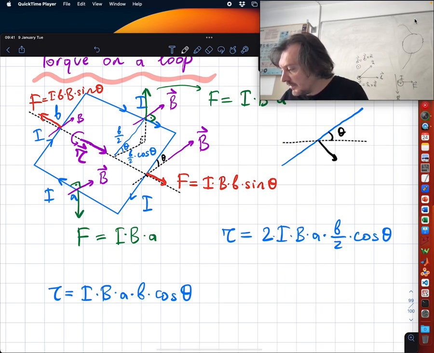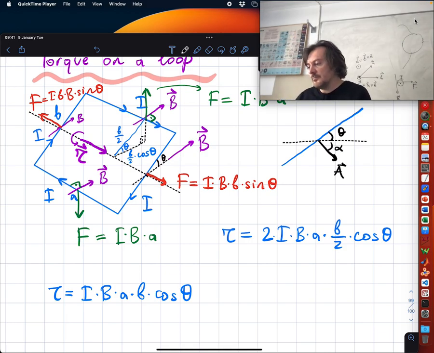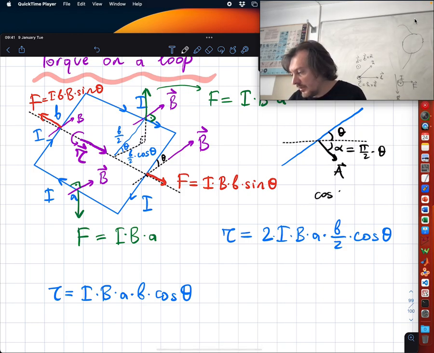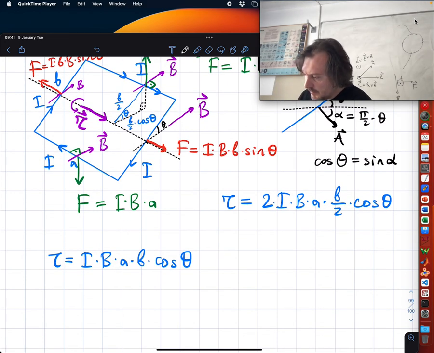So the area vector is pointing down, and this is alpha. Alpha is pi over 2 minus theta. So cosine theta is sine alpha. Do you agree with this? Yes? So look what happens.